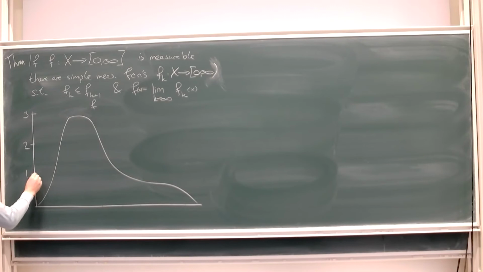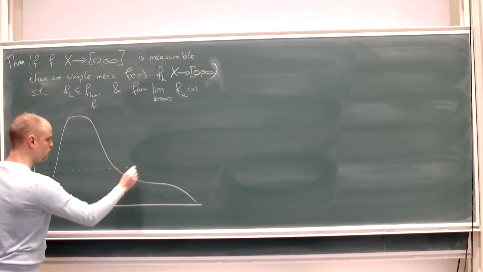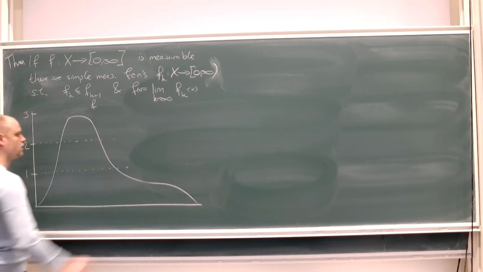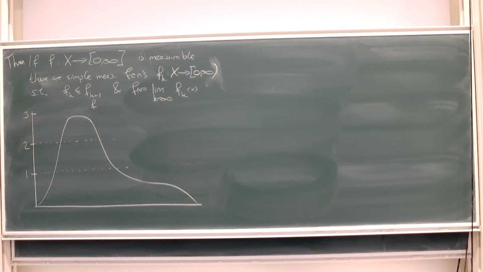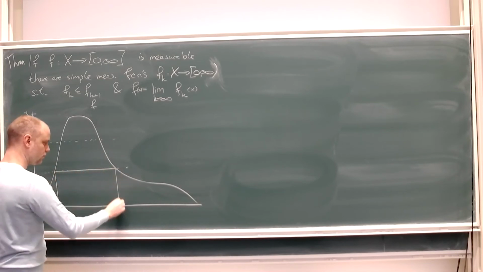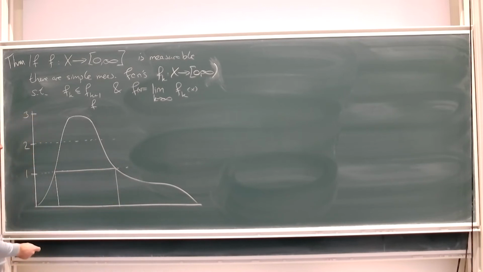Now what I'm going to do, I'm going to think of the lines here at y-axis equal to 1 and 2. And then you look at the projection of this guy here down on the x-axis. So this I'm going to call A1,1.